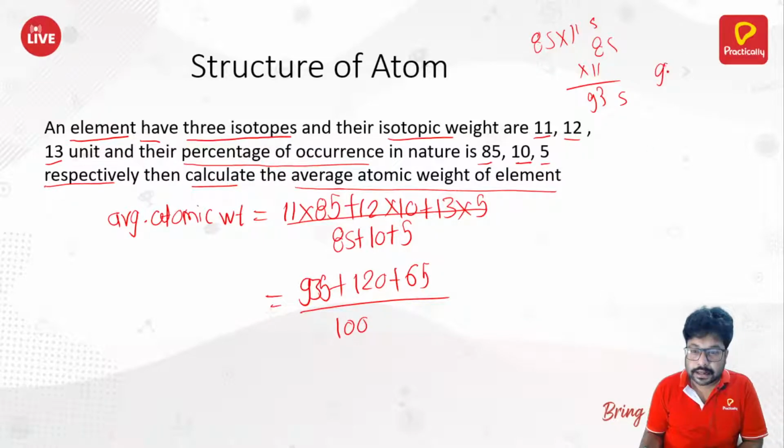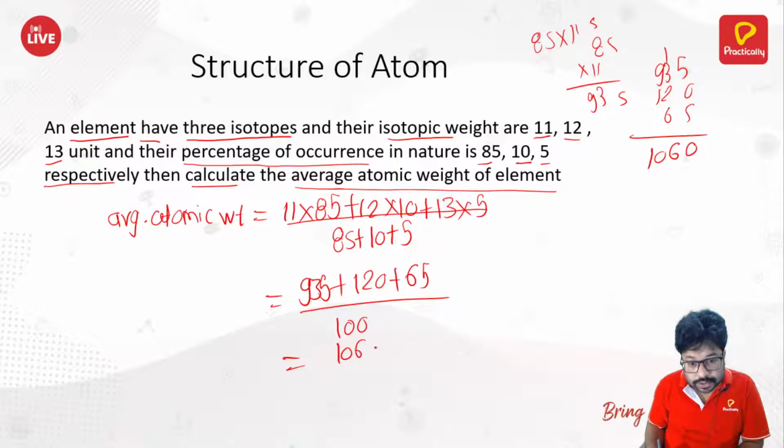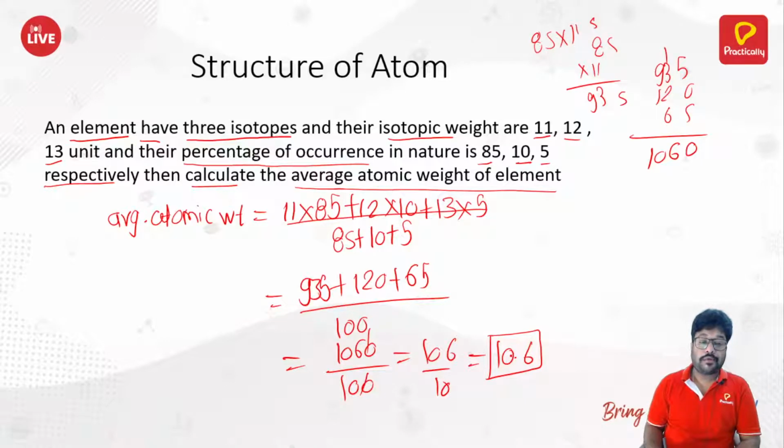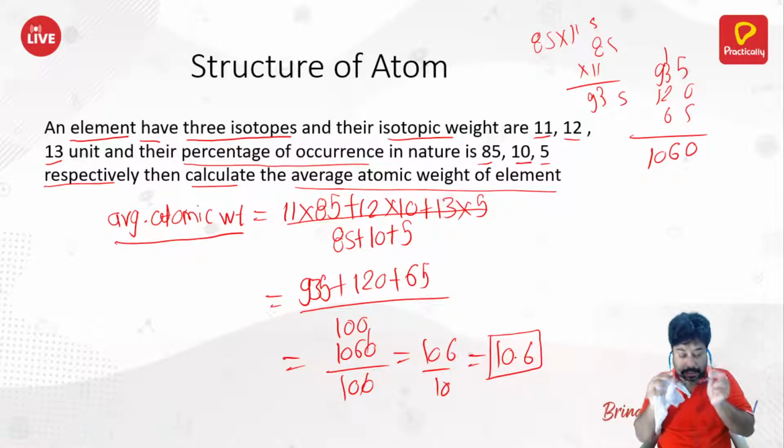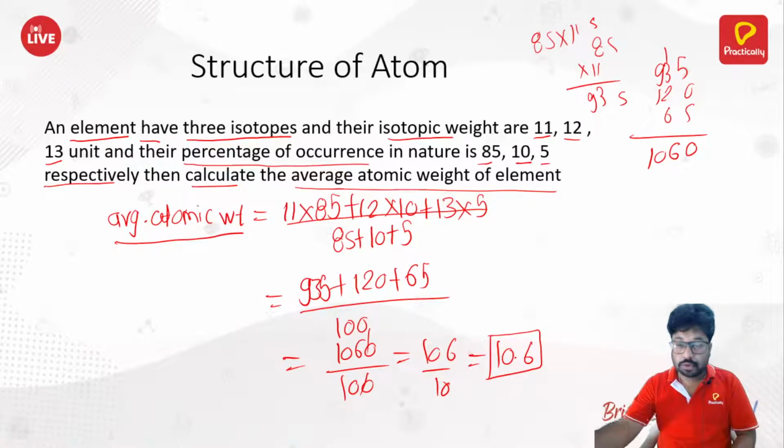So 935 plus 120 plus 65 is equal to 1120, 1060. 1060 divided by 100, the zero gets cancelled. 106 divided by 10 is equal to 10.6. So 10.6 is its average atomic weight. That is how you can calculate average atomic weights. That's the formula and the way of solving it.